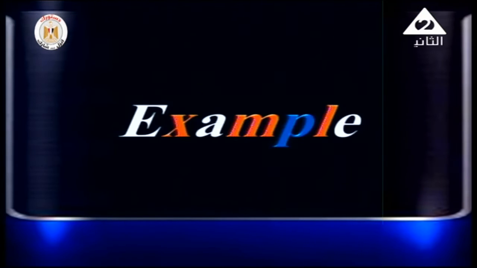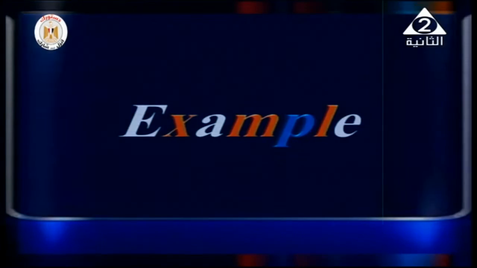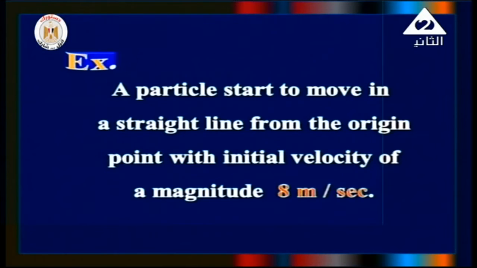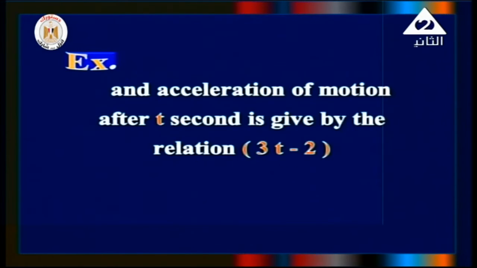Example. A particle starts to move in a straight line from the origin with an initial velocity of magnitude 8 meters per second, and the acceleration of motion after t seconds is given by the relation 3t minus 2.